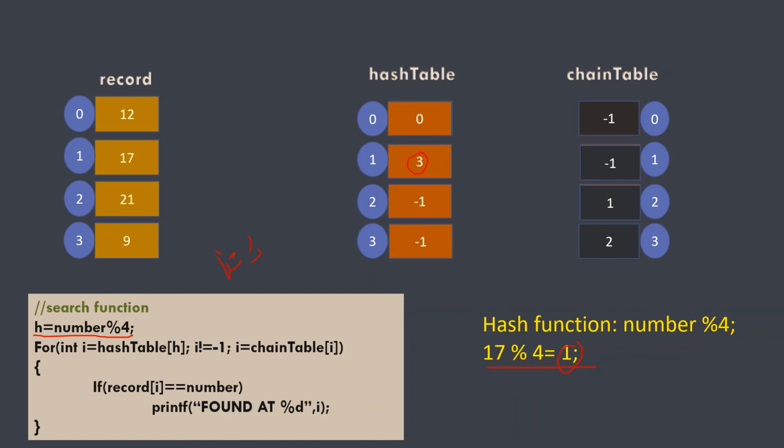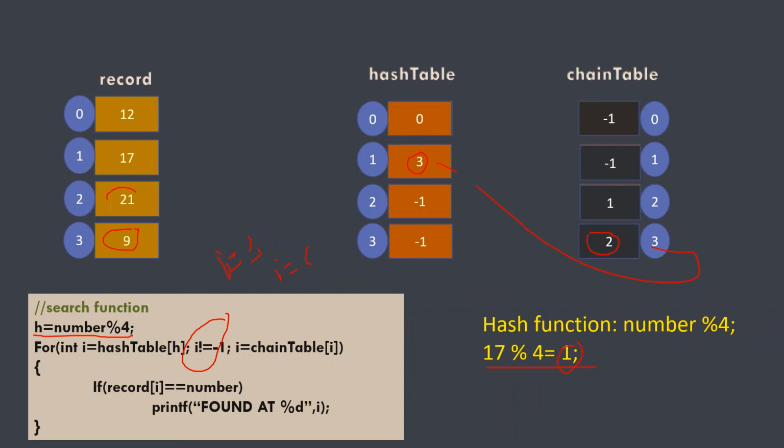We'll go to 3, we find 9, so 9 is not 17, so here it is false. We will see i is not equal to -1, which means this for loop will not terminate here. So i is equal to chain table of i, means i is equal to chain table of 3. We'll go to 3, it is saying go to 2.